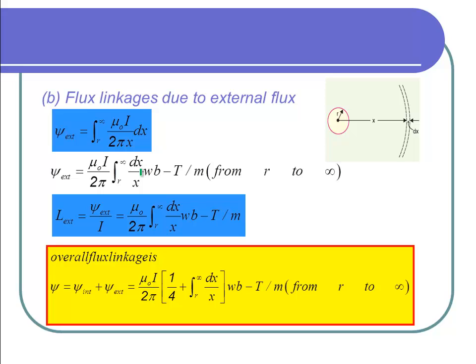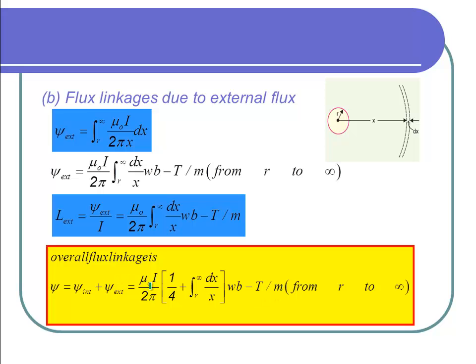Now we have both the values, internal flux linkage as well as external flux linkage. Now if you want to calculate the net flux linkage on the conductor because of current flowing through the same conductor, the net total flux linkage psi equals psi internal plus psi external, equal to mu naught I by 2 pi into 1 by 4 plus integral of r to infinity dx by x Weber turns per meter.